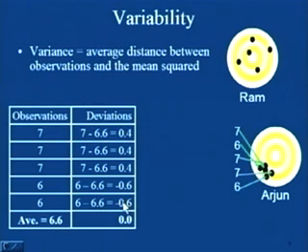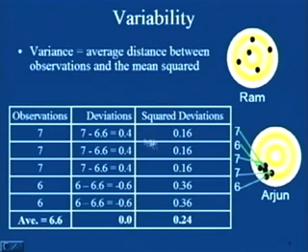So, these are the deviations of all the observations, and the next column shows the square of these deviations. So, the squares of all these deviations have been given, and the total comes to 0.24. This is the variance.